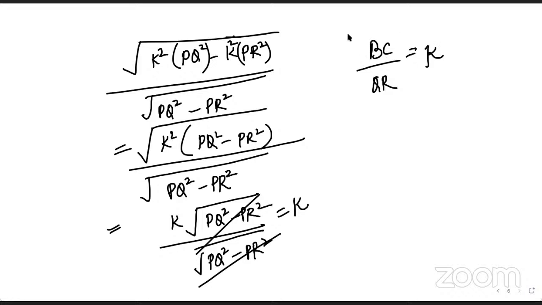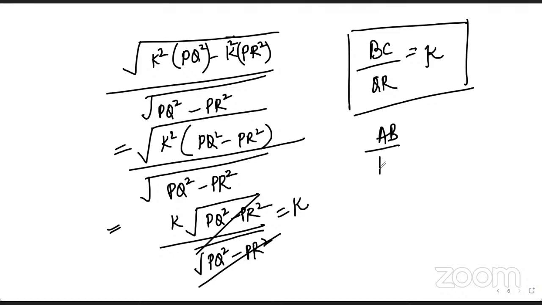So now I have got BC upon QR equal to K. And what was K equal to? K was equal to AB upon PQ, equal to AC upon PR. So this was equal to K, so this will be equal to BC upon QR.